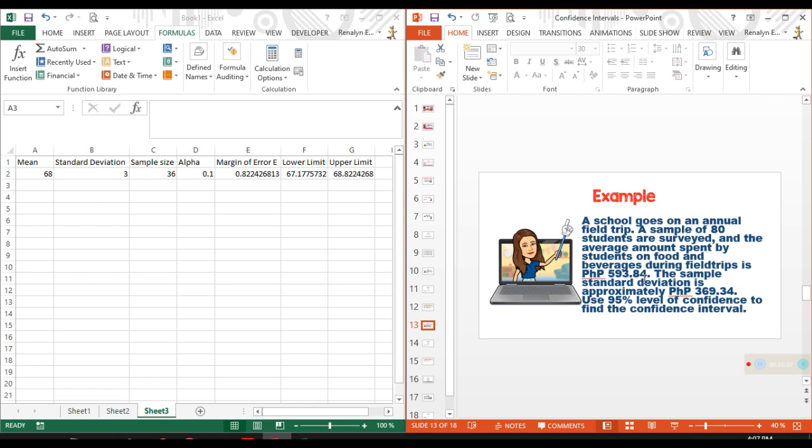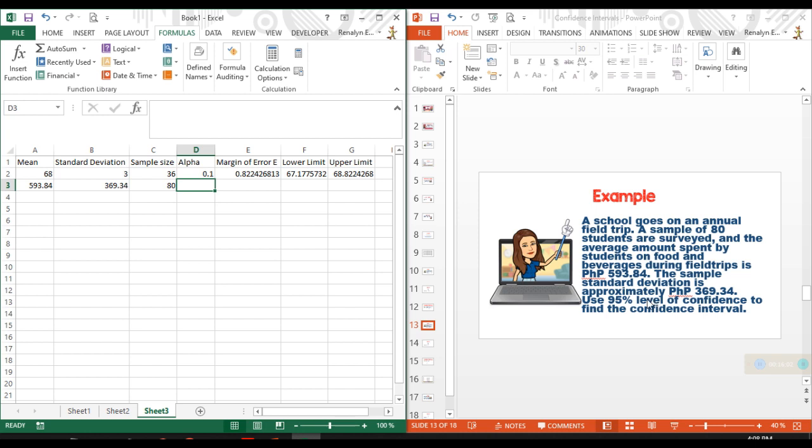We have 593.84 for the mean. Standard deviation is, malaki siya, 369.34. Ang sample size natin, marami sila. It's greater than 30. So, we have 80.